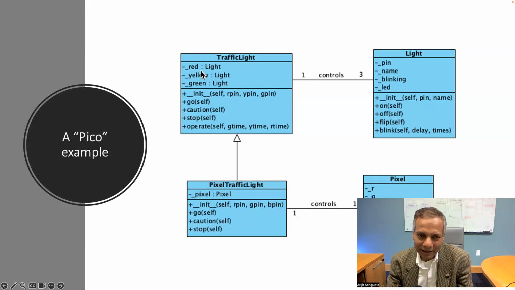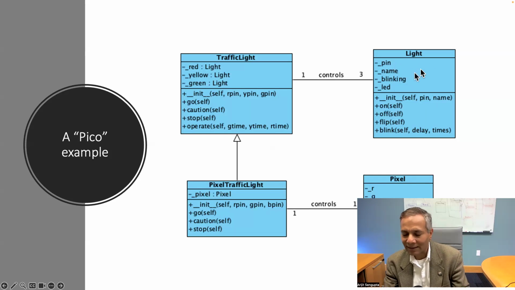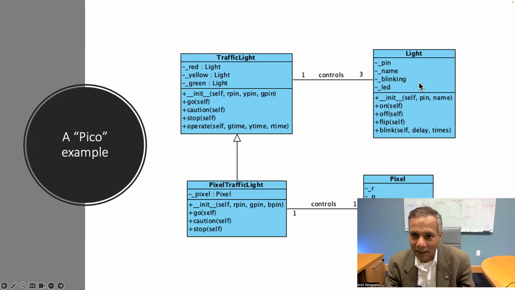You can see that in some instances, I'm actually providing the type of the attribute. So red, yellow, green, I'm showing colon light. That means red is of type light, which is this class. Whereas in these, I'm not showing you the class type. Now in a proper object-oriented diagram, you should try to identify the type of all your attributes as much as possible.